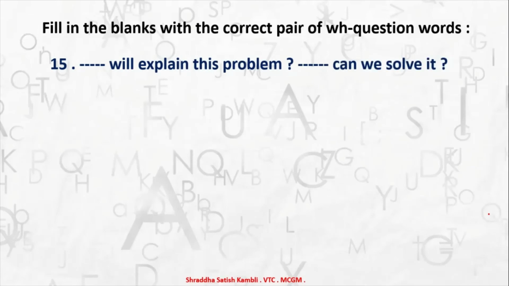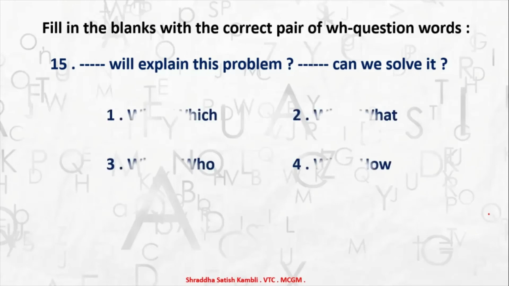Dash will explain this problem. Dash, can we solve it? So what words will fit into these blanks? Who will explain this problem? Which can we solve it? Who will explain this problem? What can we solve it? When will explain this problem? And who can we solve it? Or will it be who will explain this problem? How can we solve it?